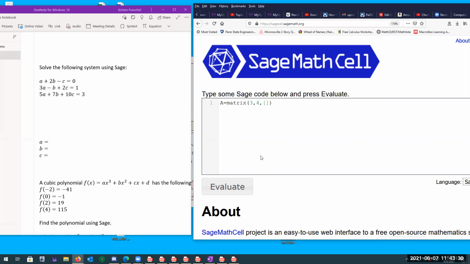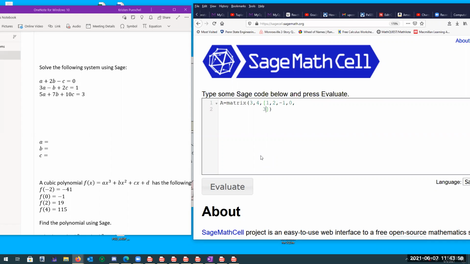And now let's write down our entries. We're going to separate them each by a comma so that the computer knows when one number stops and another begins. Okay, so our first equation is a plus 2b minus c is 0. So we have 1 a's, 2 b's, minus 1 c's, and then this is equal to 0.